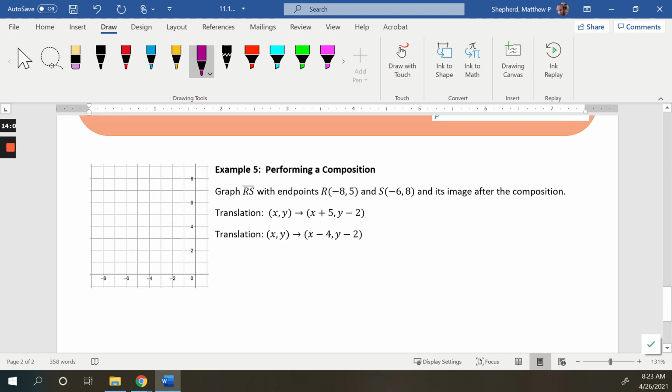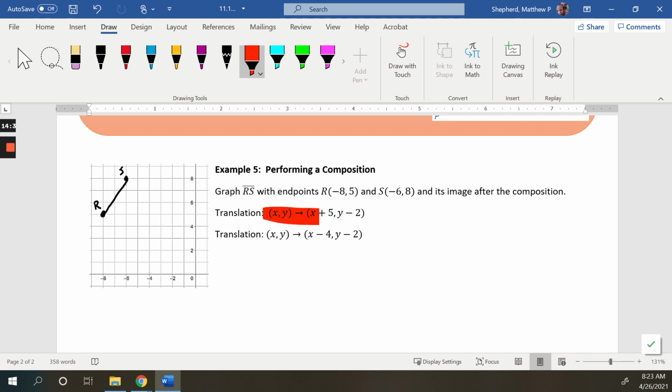We are going to graph these points and then perform 2 translations. So first we've got -8, 5, and that is point R. And then -6, 8, and that's S. All right, so there is our pre-image.